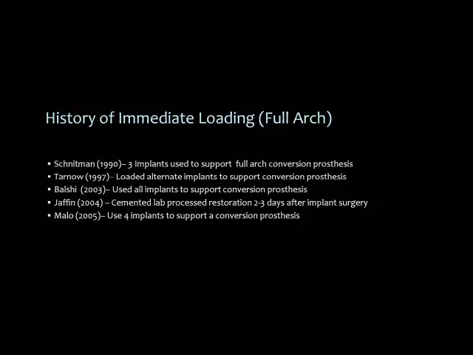A conversion prosthesis is basically an immediate denture that is relined over the implant abutments. Then we progressed in 1997 with Tarnow's work of loading alternate implants to support this conversion prosthesis. And then others, including Balshi, started using all the implants as long as they had good stability, using that to support a conversion prosthesis.